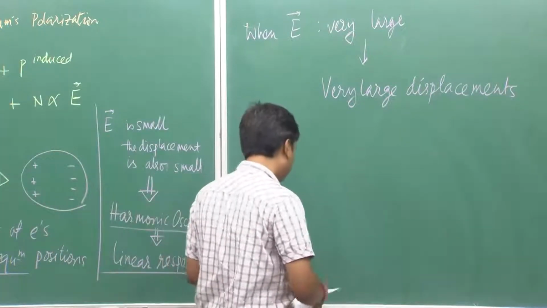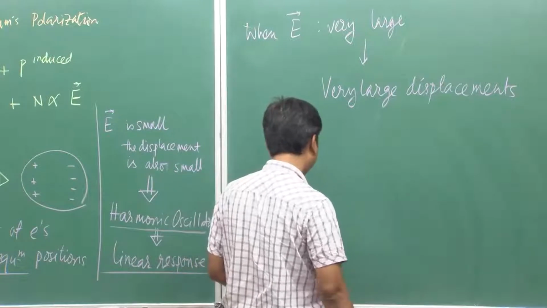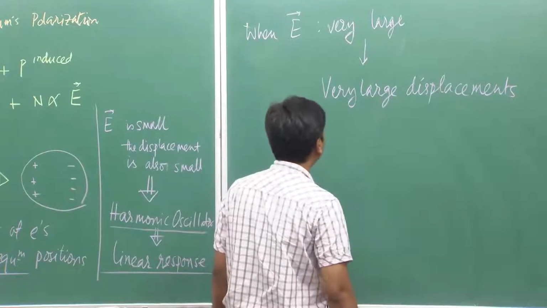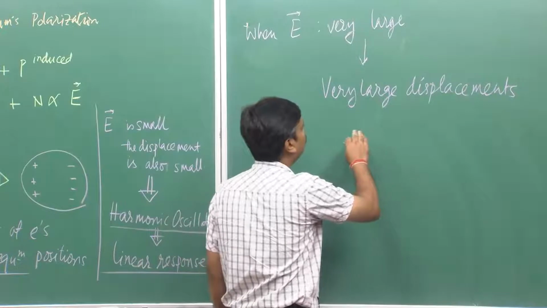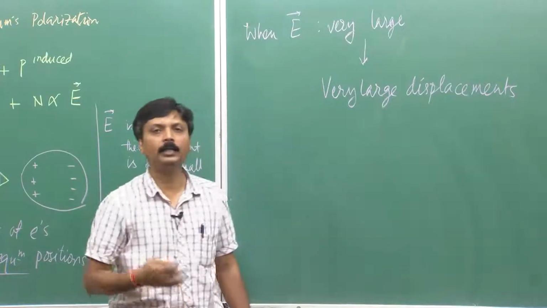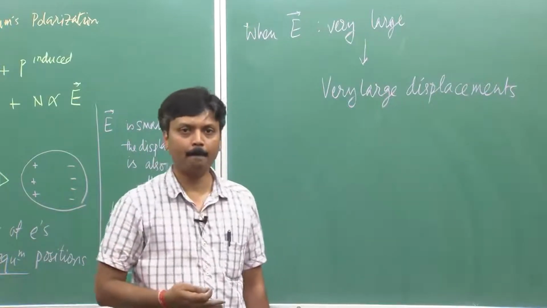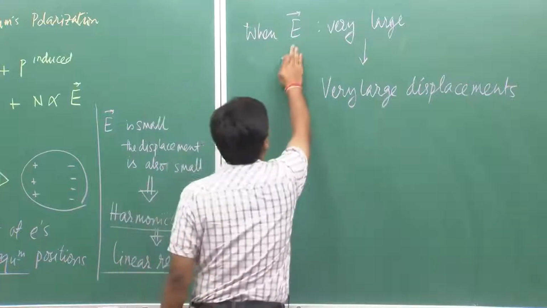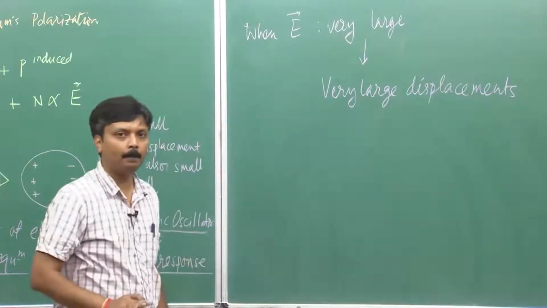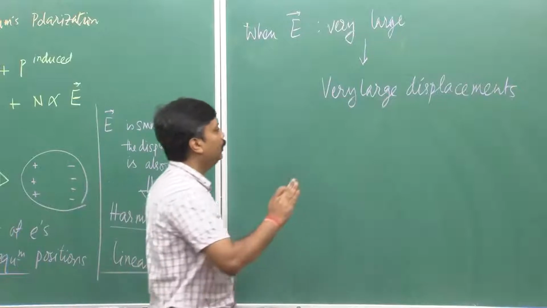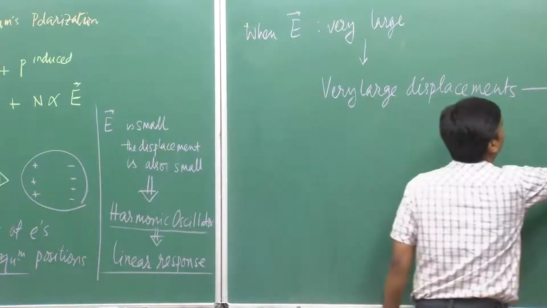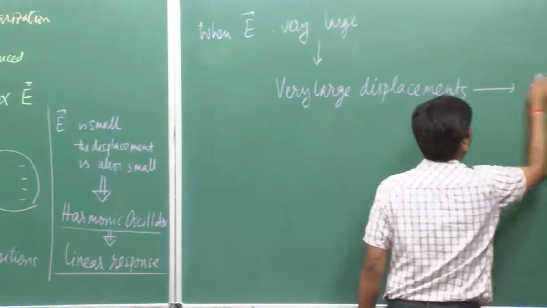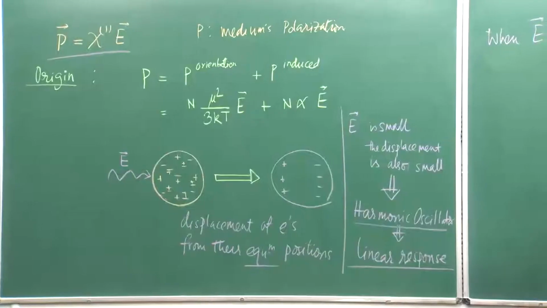Instead I will have an anharmonic oscillator model acting there when I have a very large electric field. And so, this harmonic oscillator approximation is no longer valid.